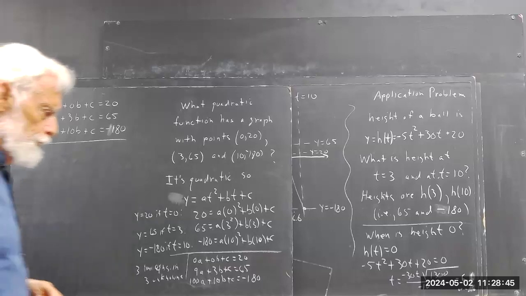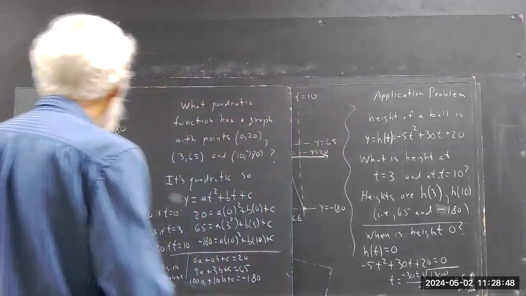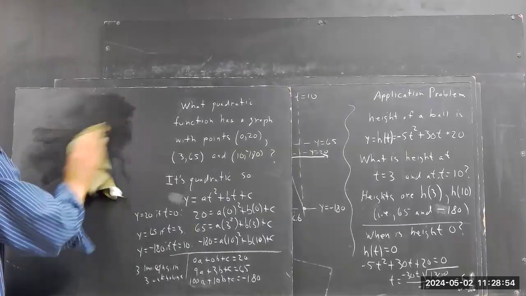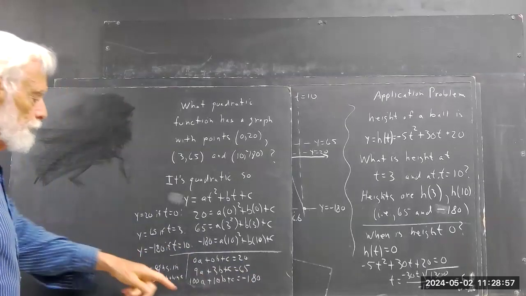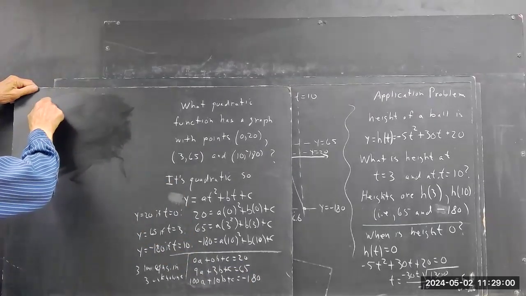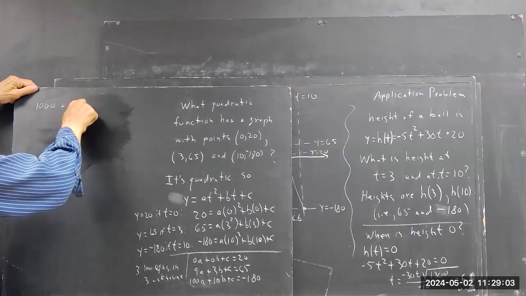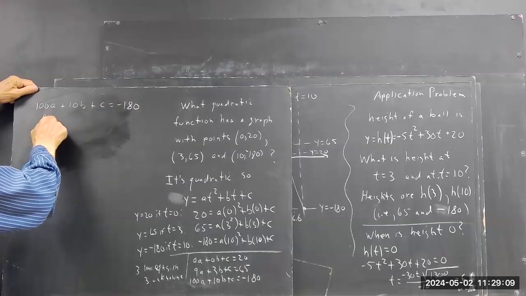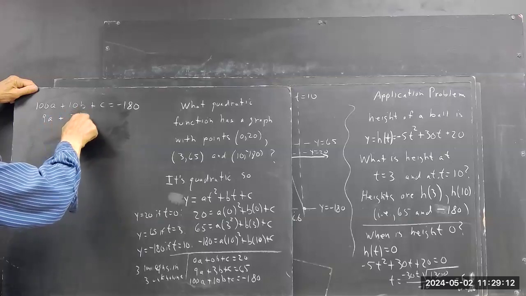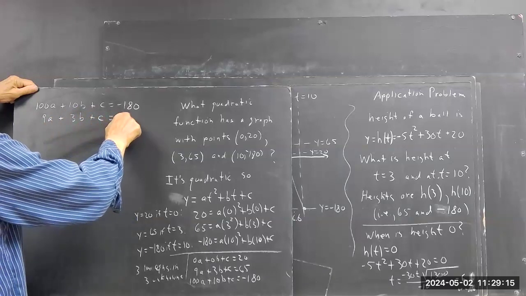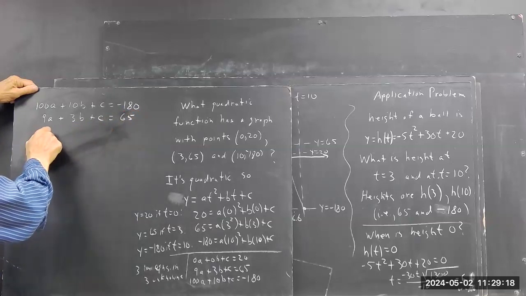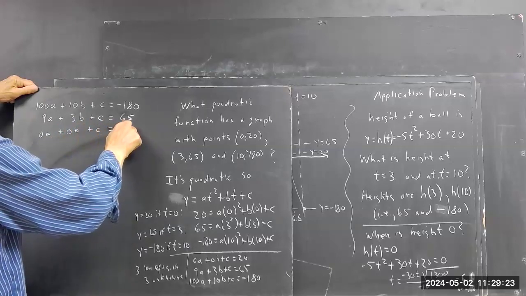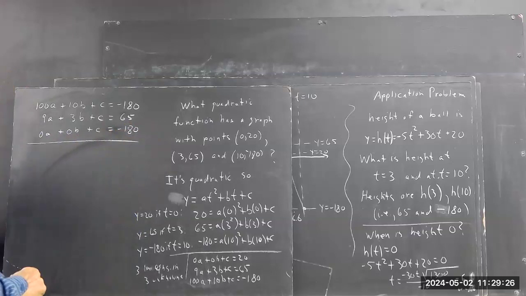And you know what? Just for illustrative purposes, I'm going to write these equations in reverse order because they can be in any order. They're the same equations. So I'm going to say equations are 100A plus 10B plus C equals negative 180, and 9A plus 3B plus C equals 65, and 0A plus 0B plus C equals negative 180. All right.